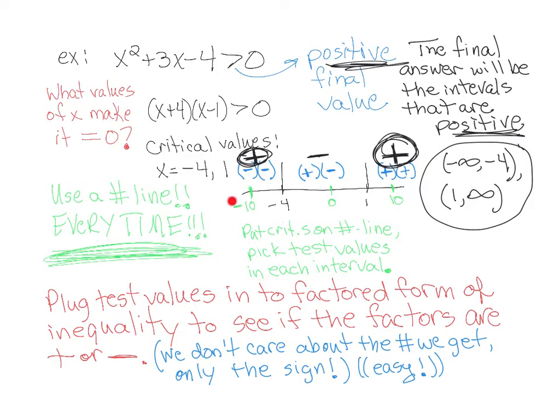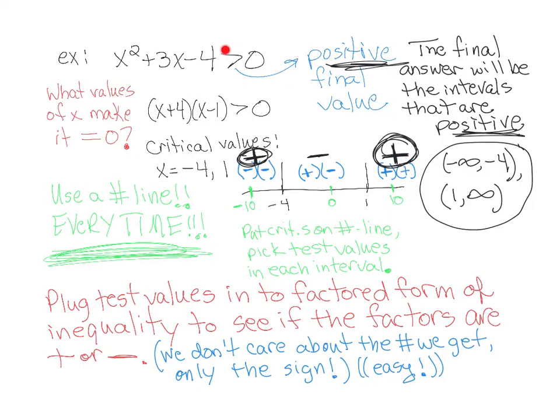For now, just show that this test value gives me a plus times a minus, which is a minus. Take the last test value, plug it into each of these factors. I get a positive 10 plus 4 is plus, positive 10 minus 1 is a plus, 2 pluses multiply to be a plus.